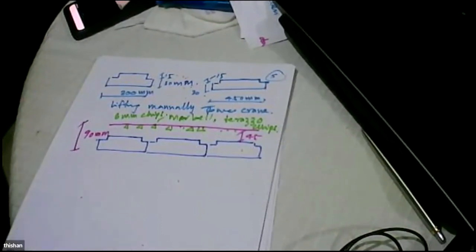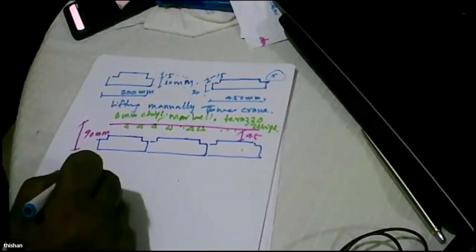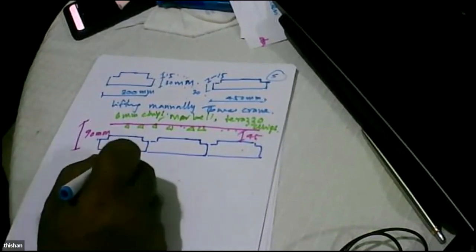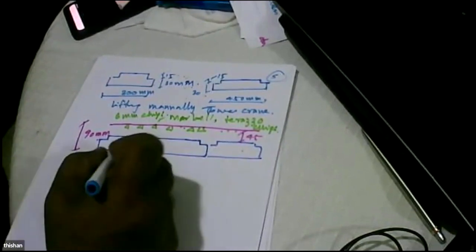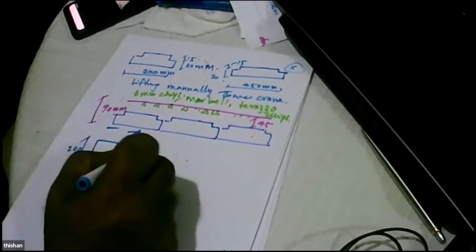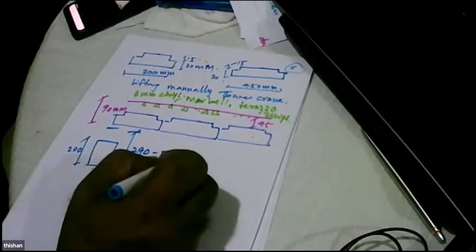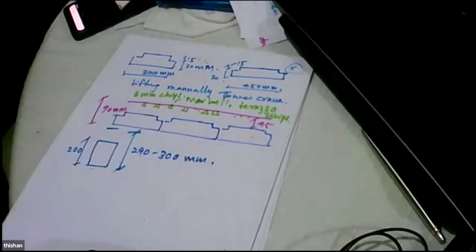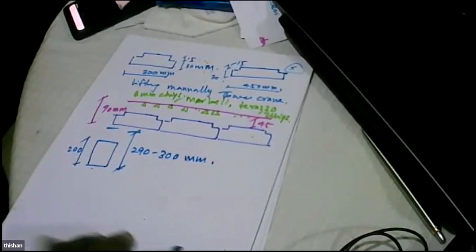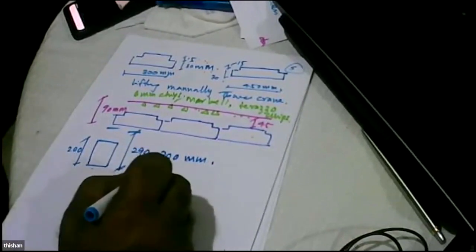The beauty of this system is because there are beams and the overall thickness is precast at 200, then we complete at 290, 300mm. So these are beam-slab systems.